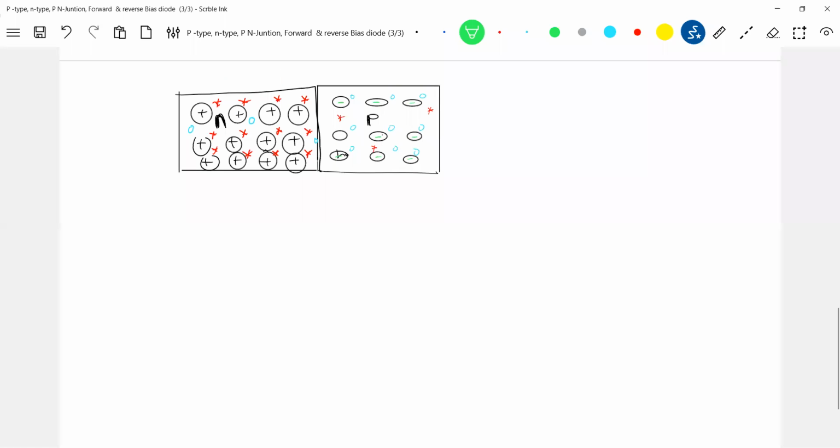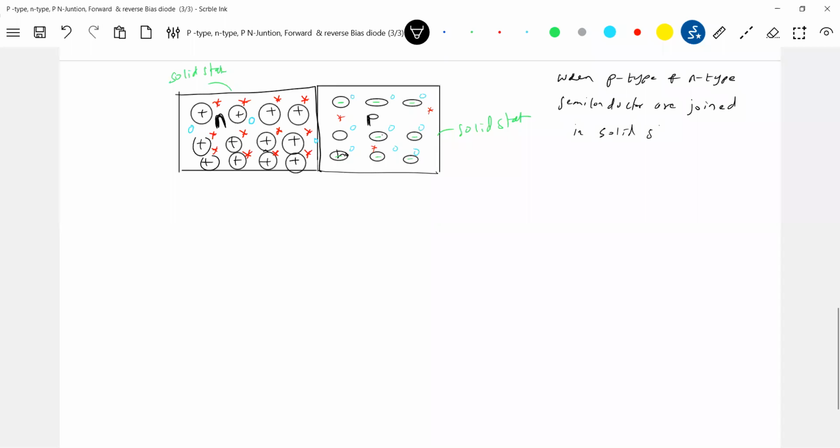When both are in solid state, not in molten state, when p-type and n-type semiconductors are joined in solid state condition, will any electron move from n to p-type, or will anything move?